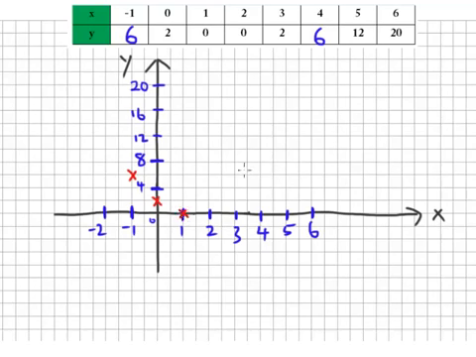When x is 2, y is 0 as well. When x is 3, y is 2. When x is 4, y is 6. When x is 5, y is 12. When x is 6, y is 20. Here you go, so these are the points.